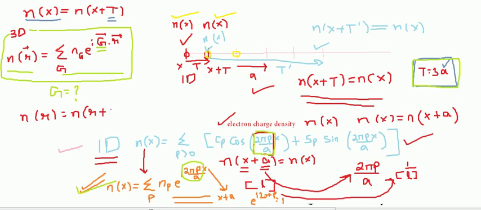There will be the same electron density. So any translation t should give me the same electron density in 3D. I have these two pieces of information in the 3D case, and I need to find the Fourier coefficients, the Fourier points in 3D. So g is something that I don't know.